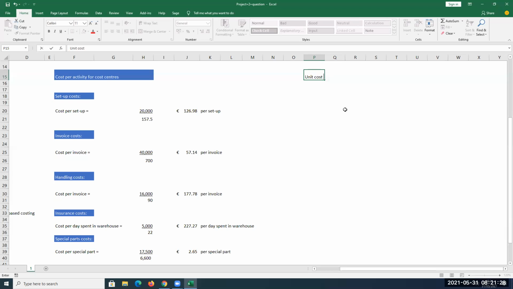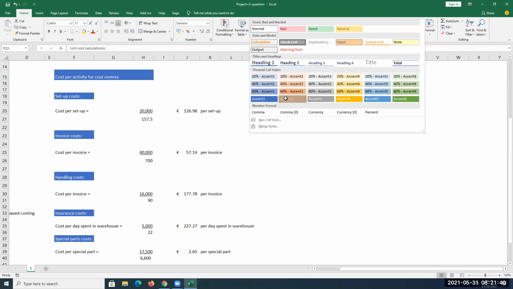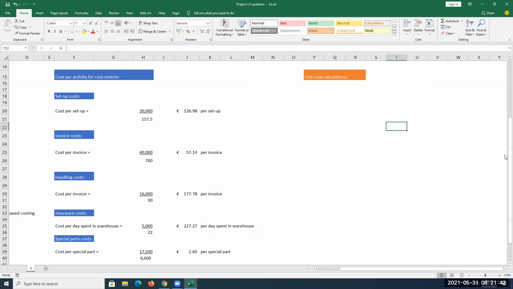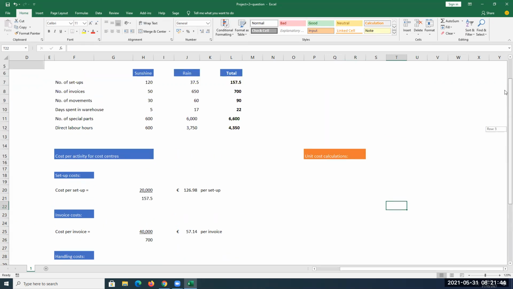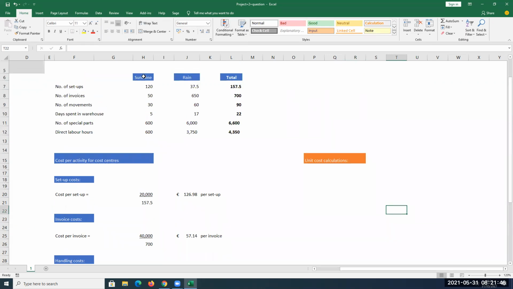Unit cost calculations. Now there are two products, sunshine and rain. Okay. Copy it and I bring them here.